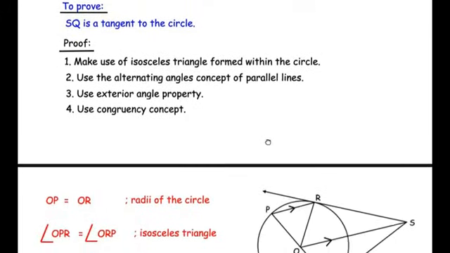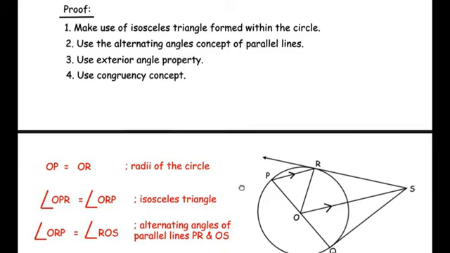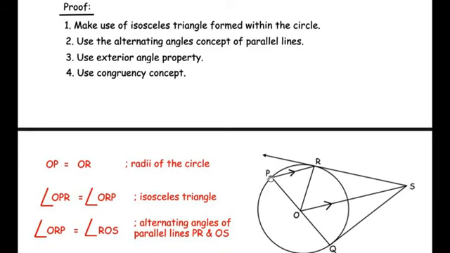I have copied down the same diagram over here for explaining how we are going to connect these concepts to solving the example. Now here let us consider the isosceles triangle POR. Now this is the triangle we are talking about, and why did I call it an isosceles triangle? The reason is OP, that is this side, is equal to OR, because they both are the radius of the same circle.